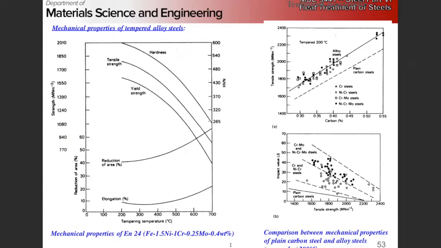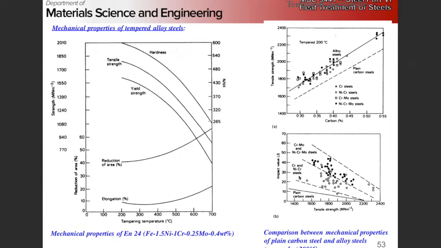Okay. So this is just a comparison of alloy steels versus plain carbon steels, right? With respect to impact strength and tensile strength in the tempered condition, right? And generally you can see, look, I've got a higher tensile strength, right?